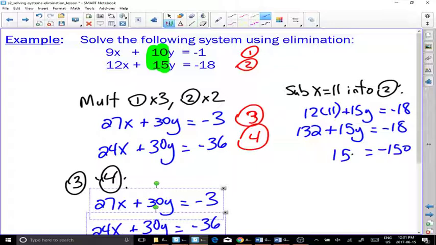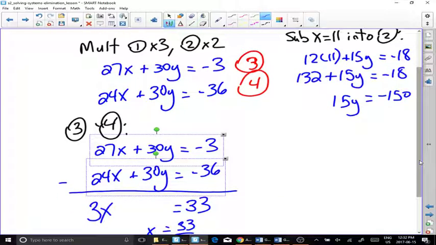So we have 15y equals a negative 150. Y is going to equal negative 150 divided by 15. So if we do that dividing, we get negative 10. Y is negative 10. We do have to check it.